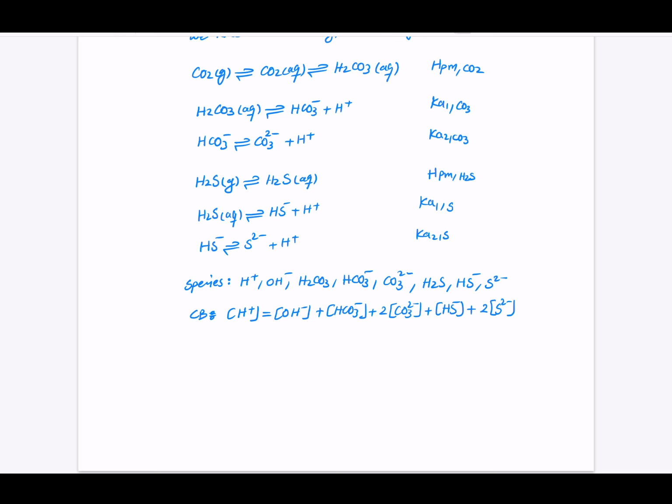So we can say H_PM of CO2 would be equal to the partial pressure of CO2 divided by the concentration of H2CO3, and H_PM of H2S would be the partial pressure of H2S, which is given, divided by H2S in the solution.